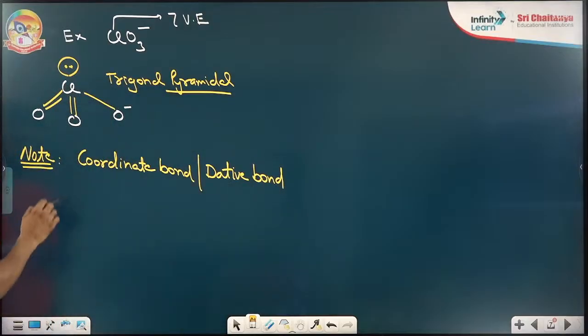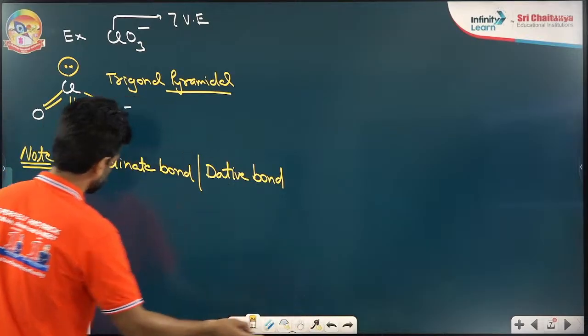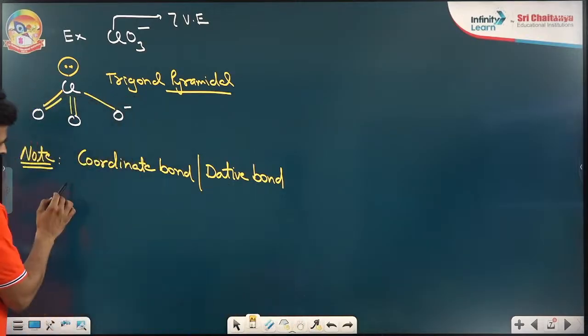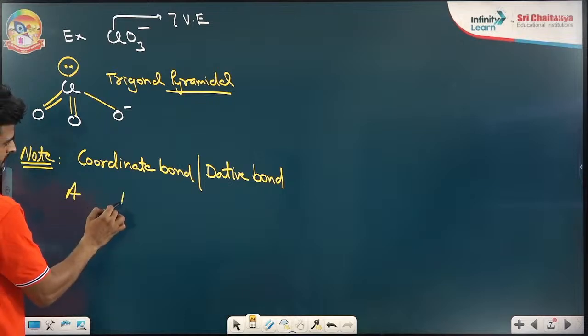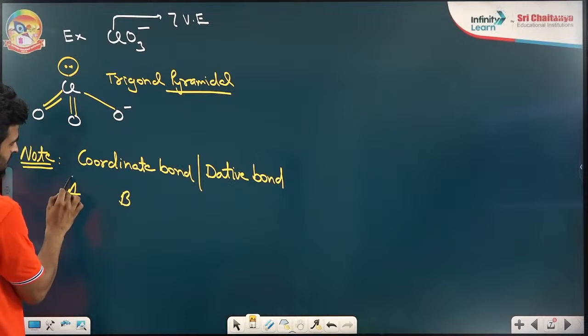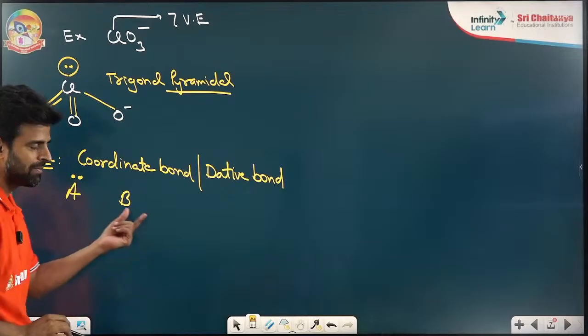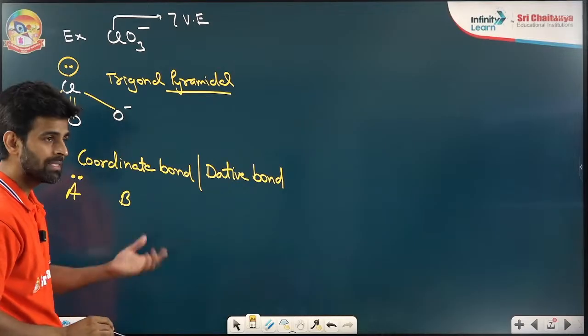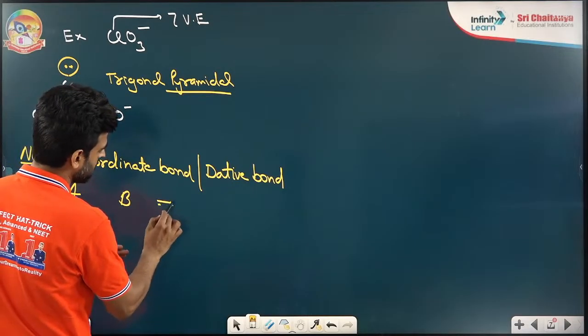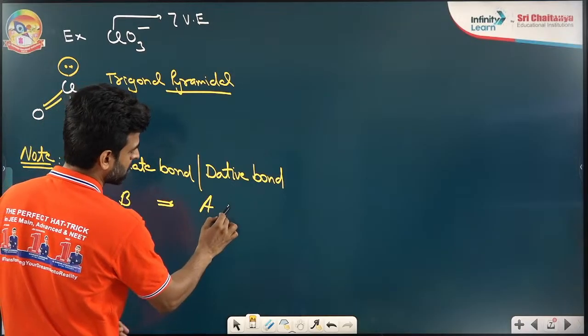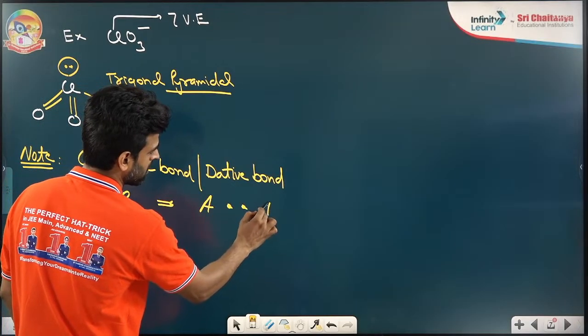Now the first thing, remember, what is the coordinate bond? Let me tell you first of all. If there are 2 atoms A and B that want to make a bond, but A has both the electrons and B has nothing, or I will say A and B are making a bond simply, but both the electrons are coming from A only.